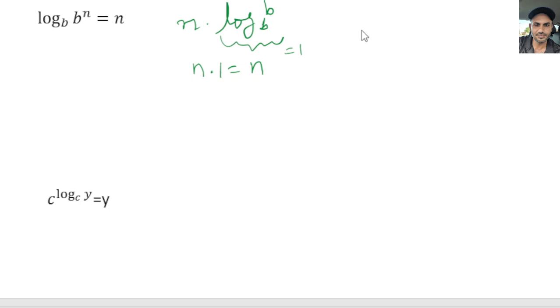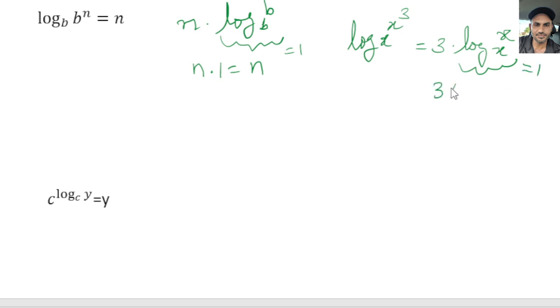For example, if you do log of x cubed with respect to base x, it is going to be equal to, we take 3 as a multiplier because it's a power property, times log of x with respect to x. So this part becomes 1. So 3 times 1 is equal to 3.